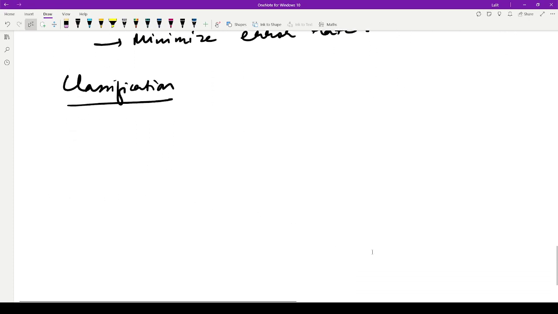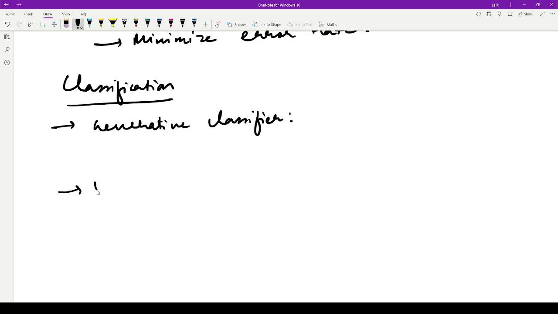There are two types, two ways in which you can do classification. One is the generative classifier. What is a generative classifier? It means you try to get an idea of the distribution.